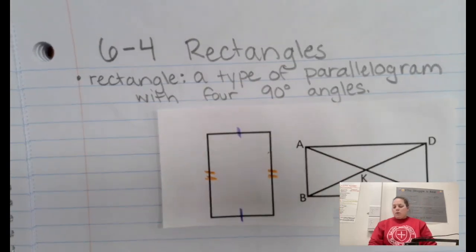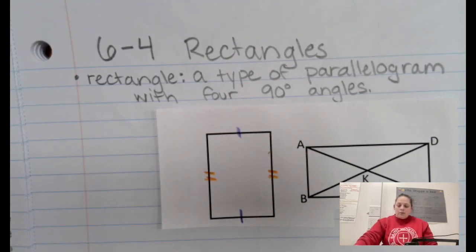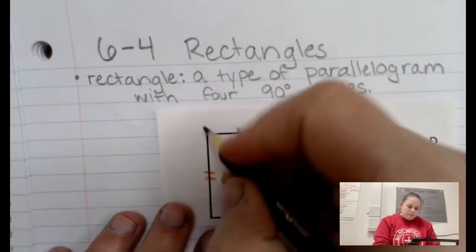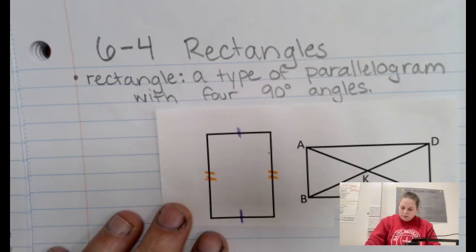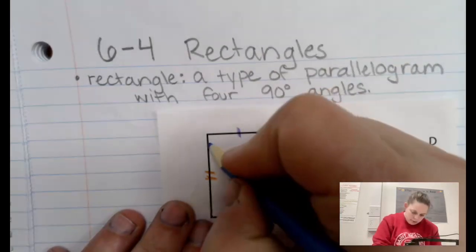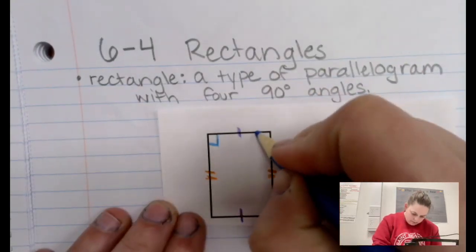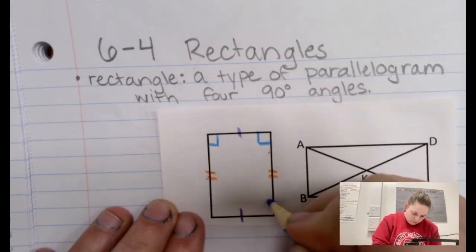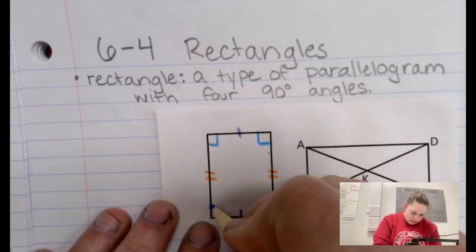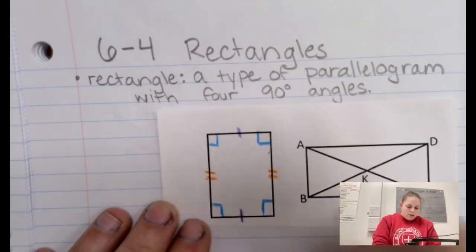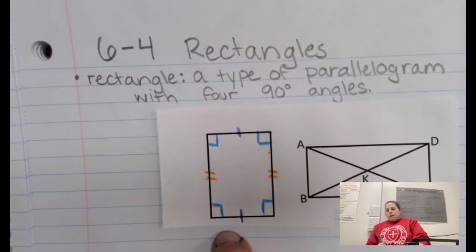Okay, and then we also know that we have those 90-degree angles. 90 degrees, 90 degrees, 90 degrees, 90 degrees. Okay, that's our basic idea of a rectangle.